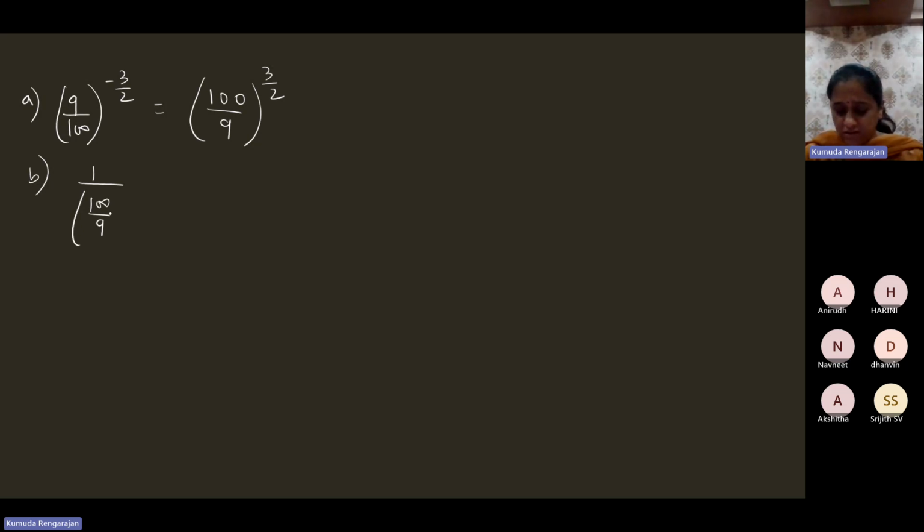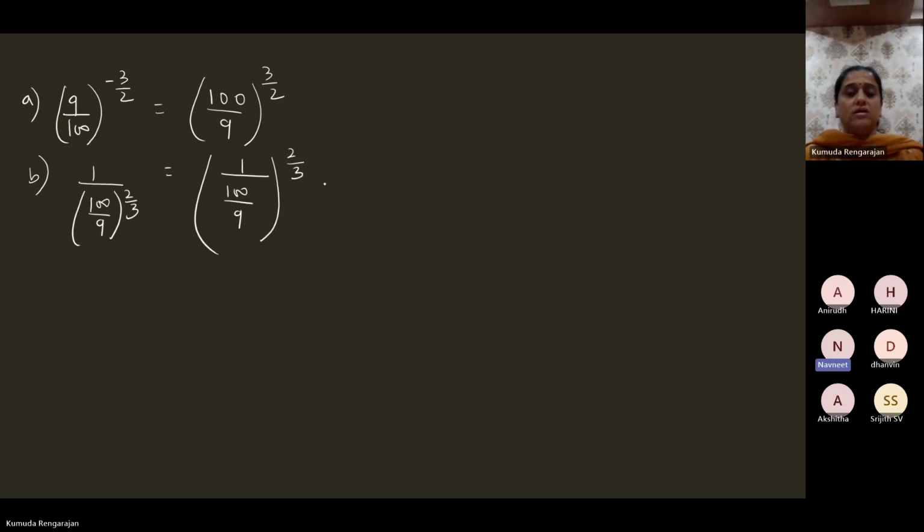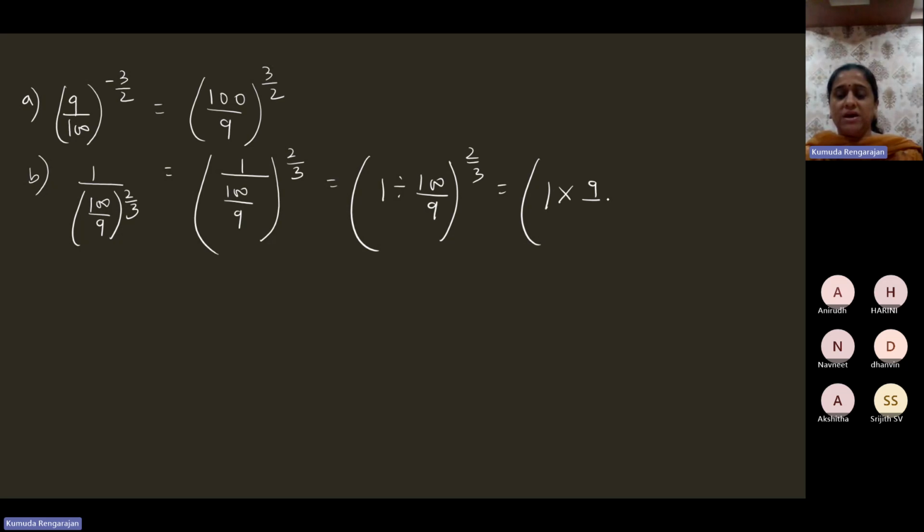The next one, 1 by 100 by 9, the whole power 2 by 3. This can be written as 1 divided by 100 by 9, the whole power 2 by 3, which is 1 into 9 by 100, the whole power 2 by 3.